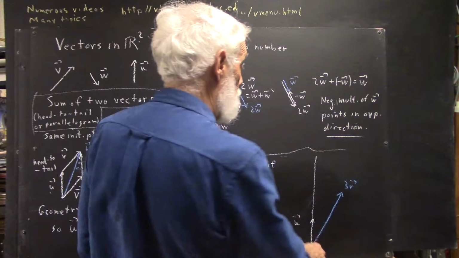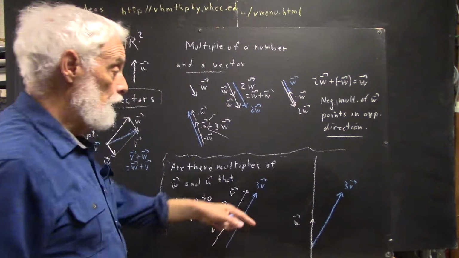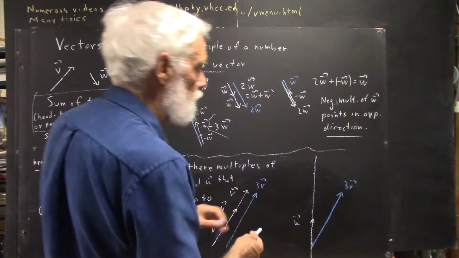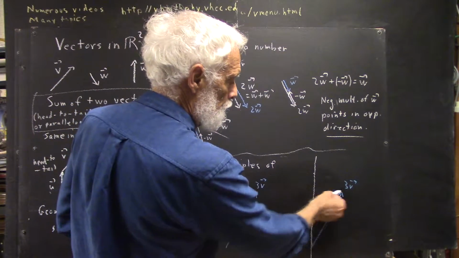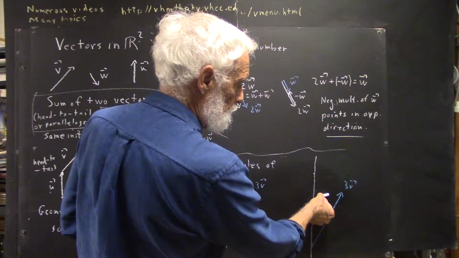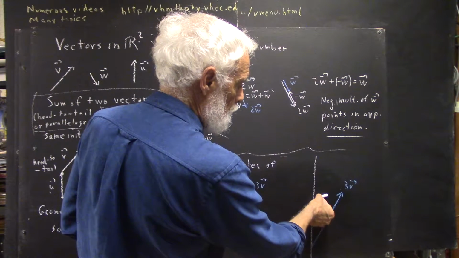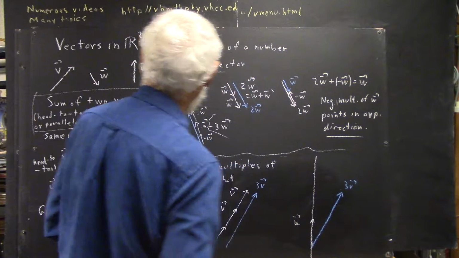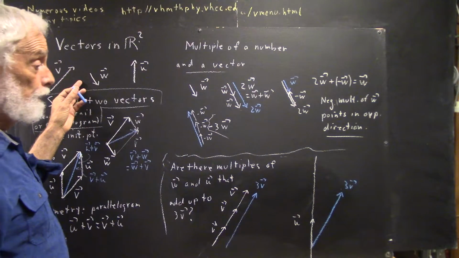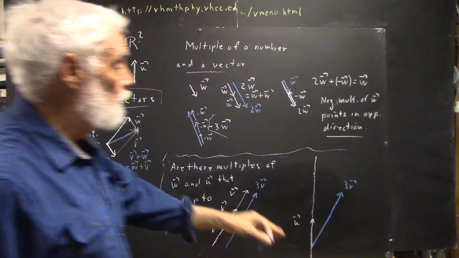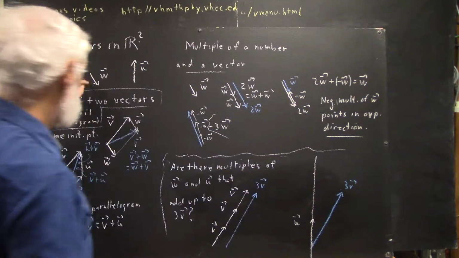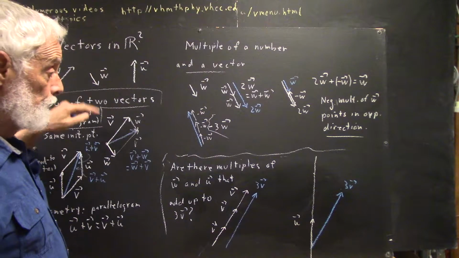Okay, well, if I come out to the right point on this line, then wherever I am on this line, my direction to the head of the 3v vector keeps changing as I move along the line, and eventually that direction is going to match the direction of w. So there's some point on this line where my direction from the point down to 3v is the same as that of the vector w.